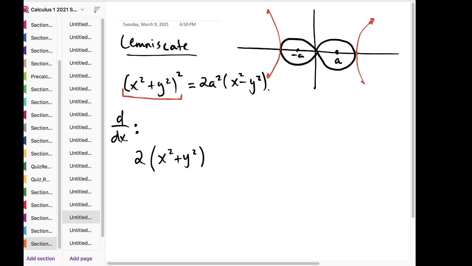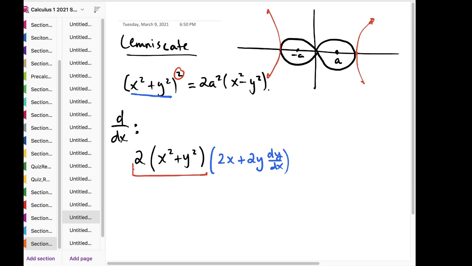And then I need the derivative of the inside: 2x plus 2y dy dx.